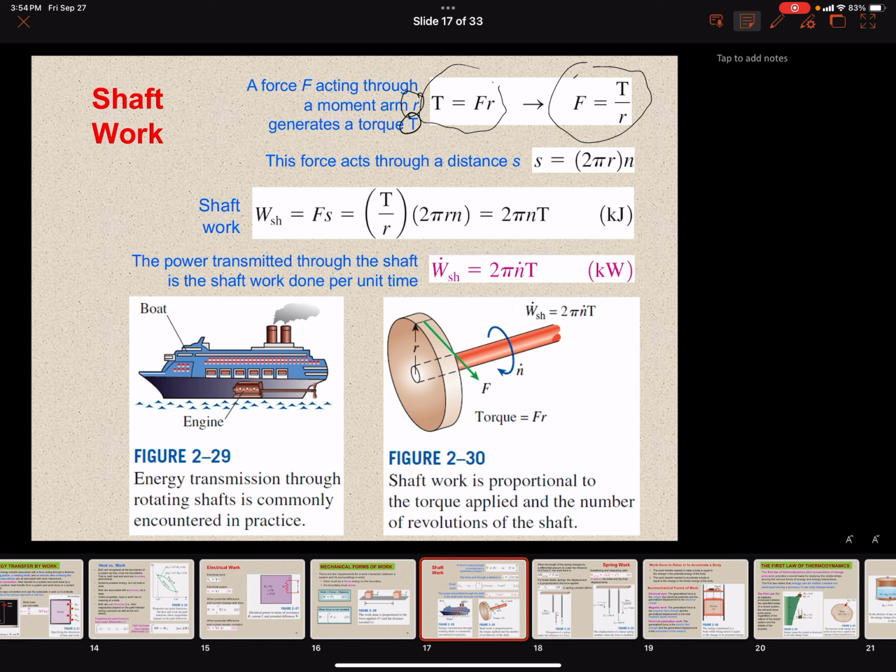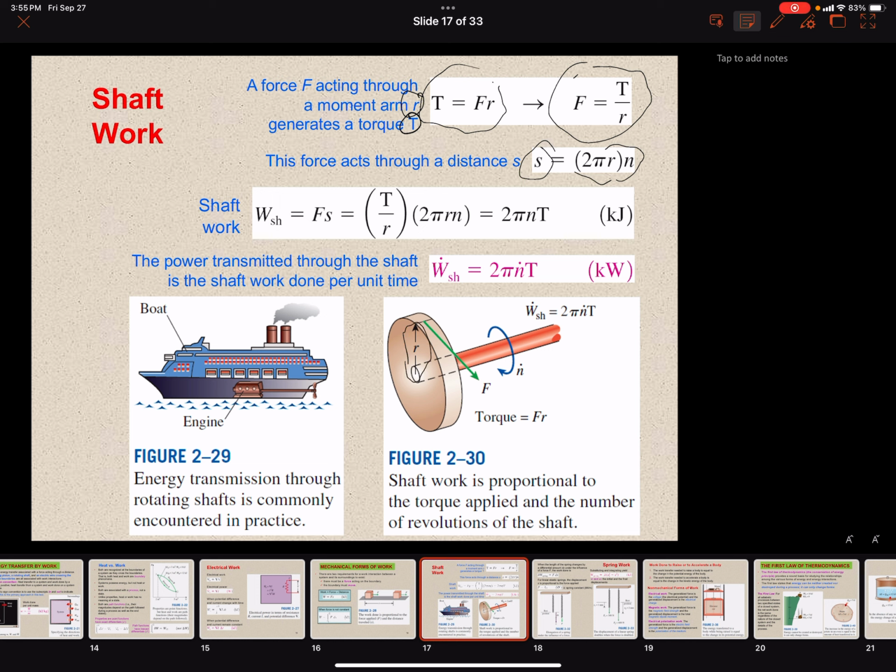For the force through a distance, we can use this equation, because the distance will be related to the number of revolutions of the shaft.